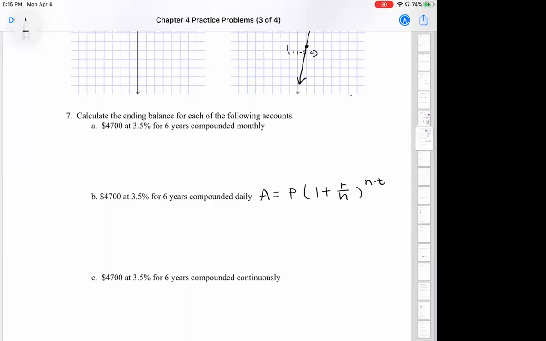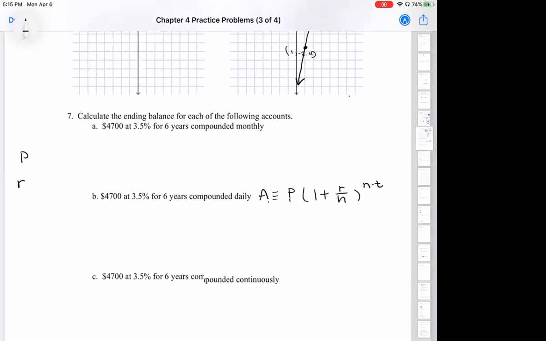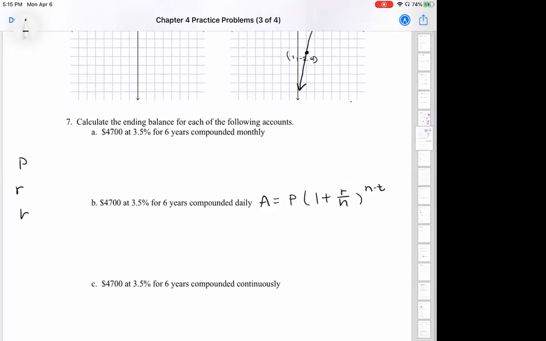So let's make it a point to find each one of those pieces. Let's find P, let's find R, let's find N, and let's find T. And it's a matter of just inputting into our calculator. So our P is the starting amount, which is 4,700. Our R is our percent, so I have 3.5%. Make sure to change it to a decimal.